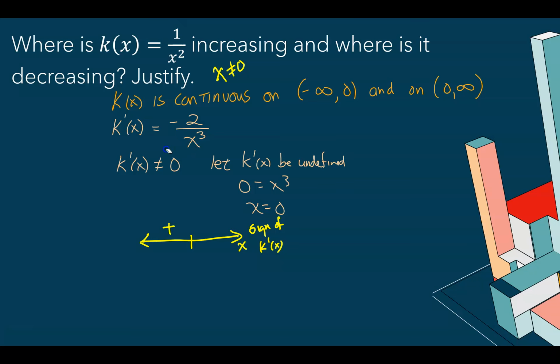And then choose some number greater than 0, I don't know, put in 1, we get a negative. So 1 over x squared increases from negative infinity to 0. Ooh, I forgot my 0. And decreases from 0 to infinity.